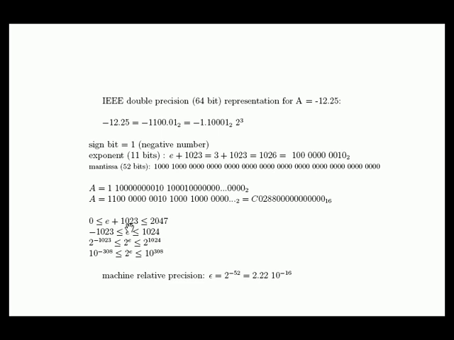So E plus 1023 can be anywhere between 0 and 2047, which means E is between minus 1023 and 1024, which means 2 to the E is between 2 to the minus 1023, which is approximately 10 to the minus 308, and 2 to the 1024, which is approximately 10 to the 308. So our number basically has to be somewhere between 10 to the minus 308 and 10 to the 308th. If you try to store numbers larger than that, you're going to get overflow. If you try to store numbers less than that, you're going to get underflow.